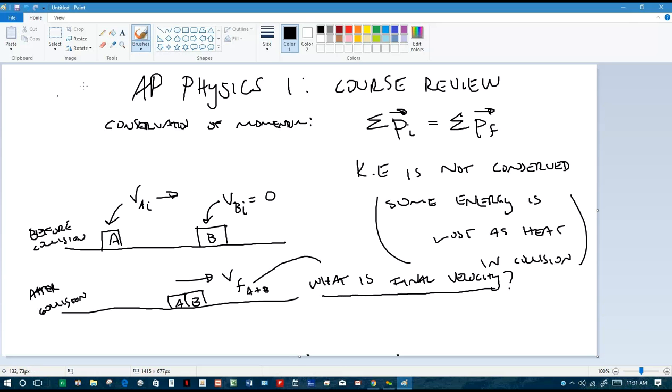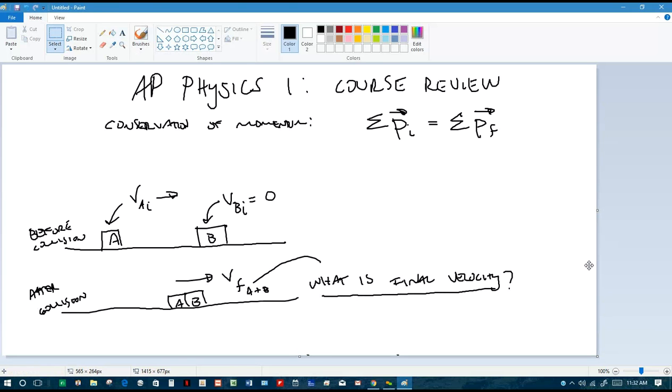Let me erase some space, maybe right here. So what you would do is recognize that the momentum coming into this collision is just the momentum of object A, this guy right here. Remembering that this guy has no momentum because he has no velocity. And momentum, again, is mass times velocity.